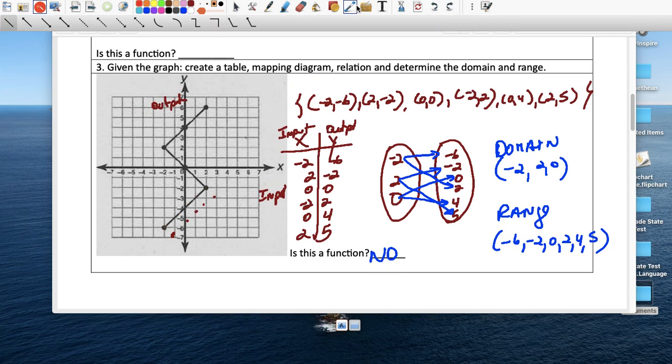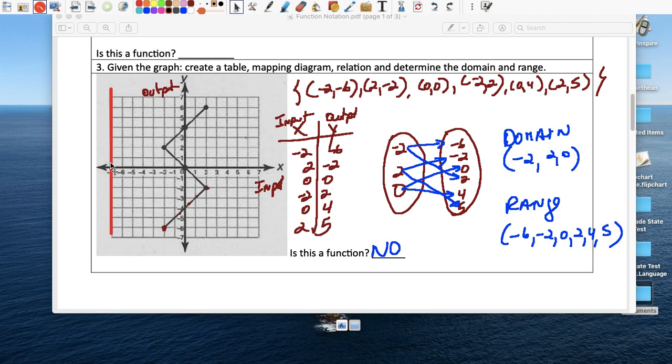Now, let me talk a little bit about this. Let me create a straight line. Imagine this straight line, and I'm moving it across. When this line is right here, guess what? There are 2 points that touch that line.